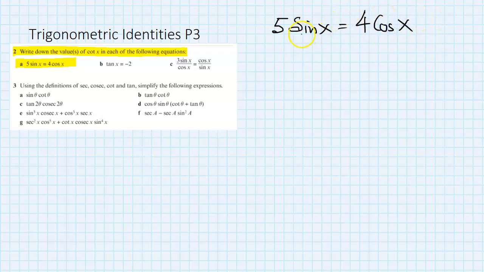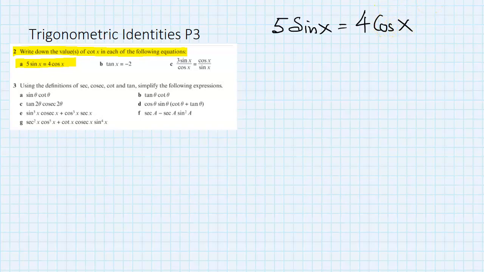When we solve the equation, it should have only one trigonometrical ratio, not two different. So now the question says, write down the values of cot x in each of the following equations. So we have to write cot x.